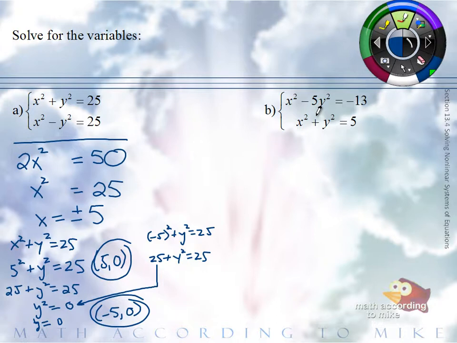Sure. So we have a negative 5y squared. So this needs to turn into a positive 5y squared. How do we turn it into a positive 5y squared? Multiply everything by 5. So the first equation stays the same. Second equation becomes 5x squared plus 5y squared equals 25.